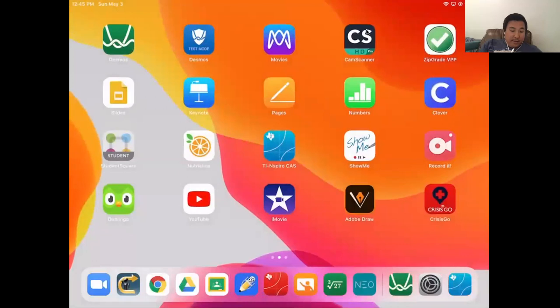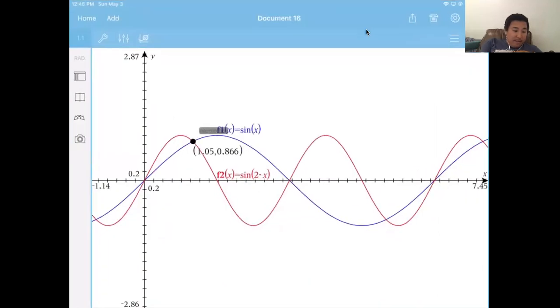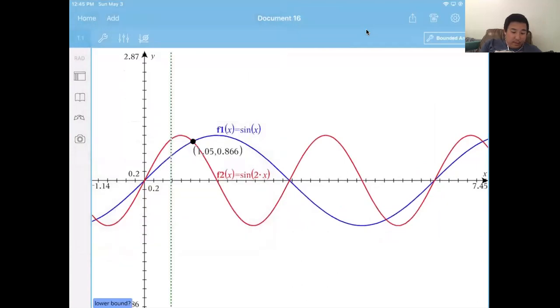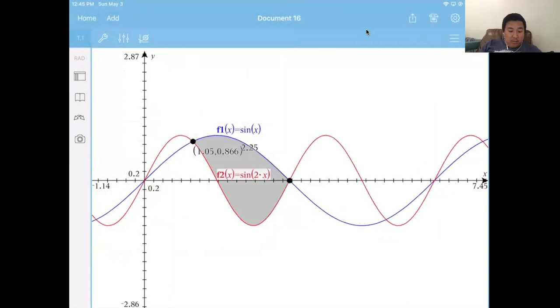I think when I type that in, bounded area, 2.25.